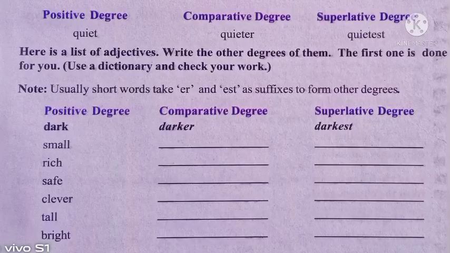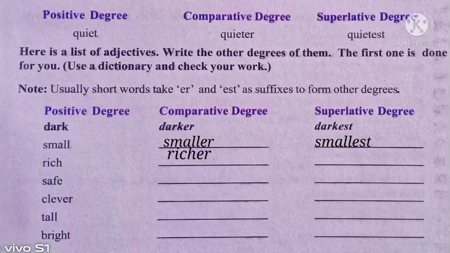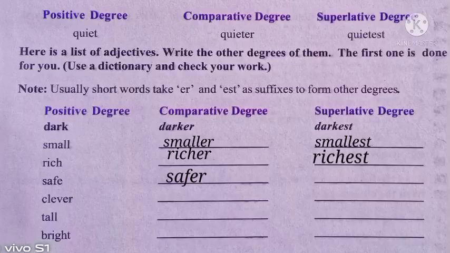Here is the first one: small. Its comparative is smaller, superlative smallest. The same way, rich, richer, richest. Safe, safer, safest. Clever, cleverer, cleverest.